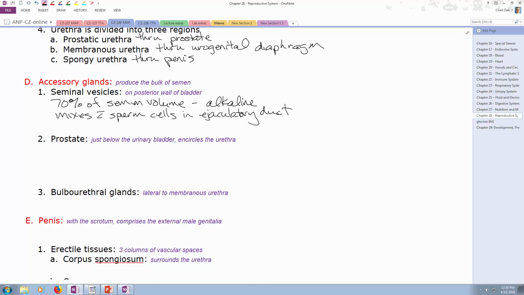So the seminal vesicle fluid provides nutrients for our sperm cells. And the main nutrient that it provides for sperm cells is fructose. Also, we will have prostaglandins in this seminal vesicle fluid, and the prostaglandins help somewhat with cervical dilation.